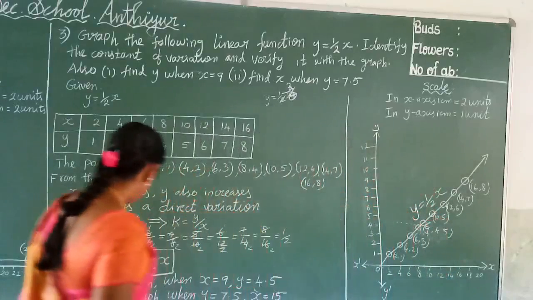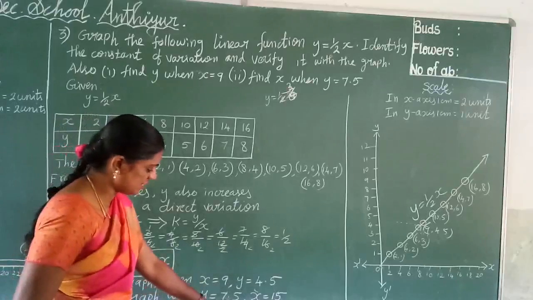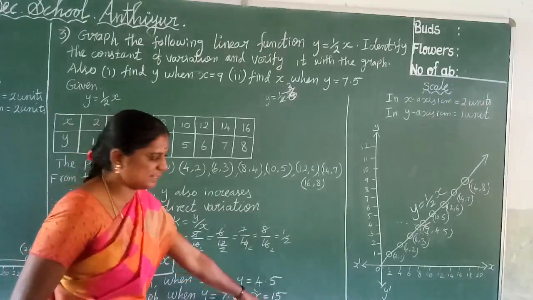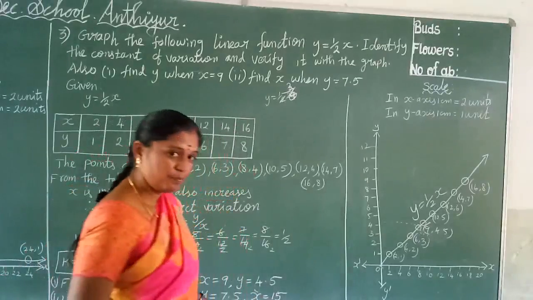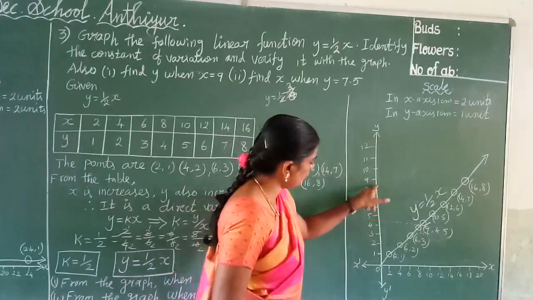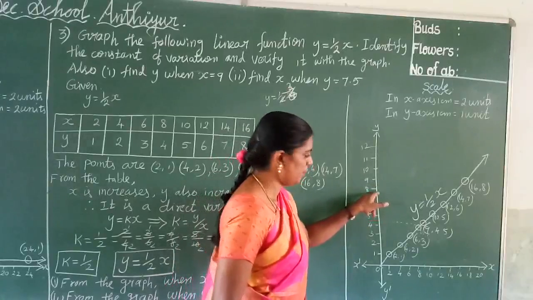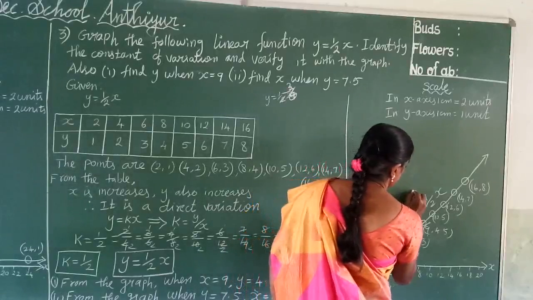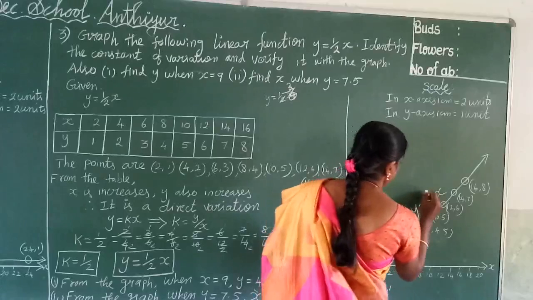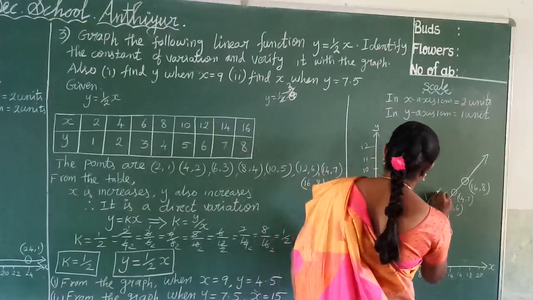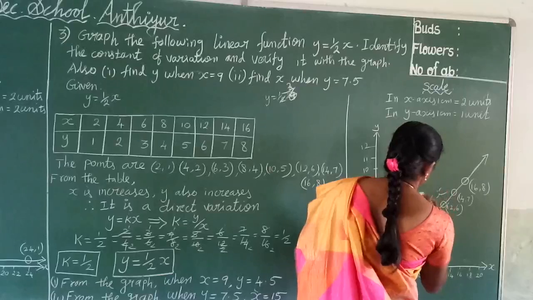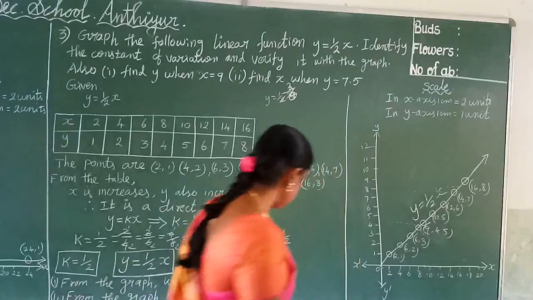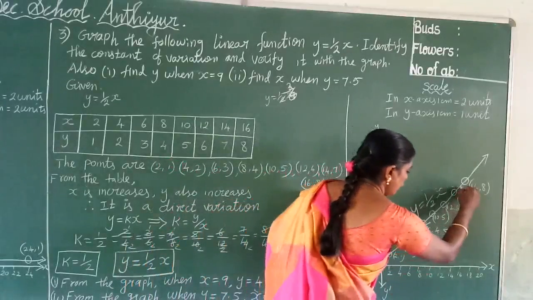Next one, from the graph when y equal to 7.5. Y is given, we want to find x. So y 7.5 is in between 7 and 8, the in-between line is 7.5. So here mark 7.5. What is the answer?